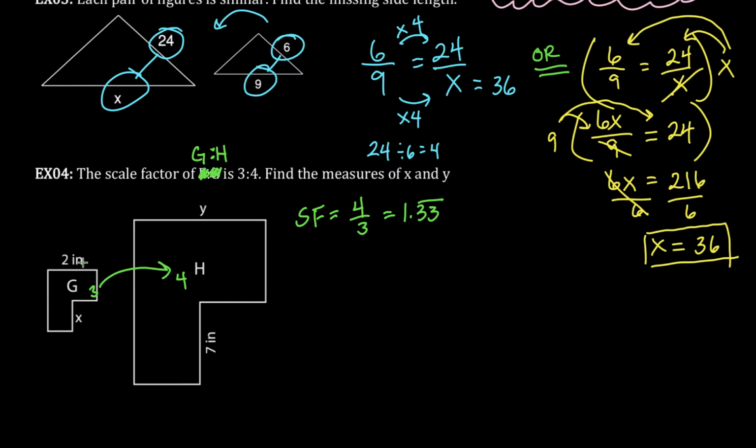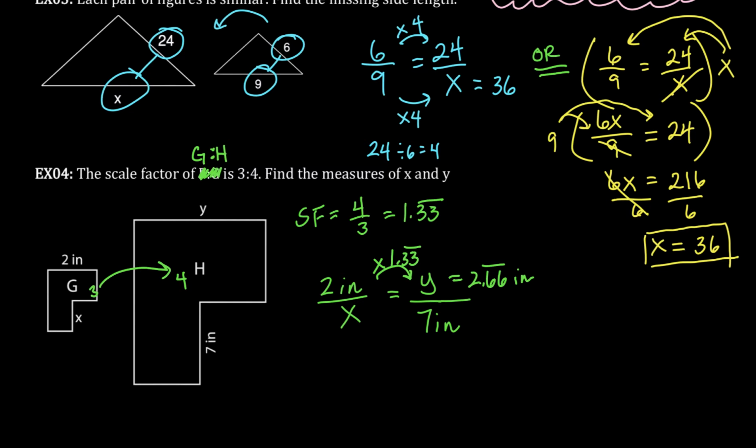So I'm going to set this up 2 inches to x inches. It should be the same as y inches to 7 inches. We know going this way, it's times 1.33 repeating. So that's going to be 2.66 repeating inches.